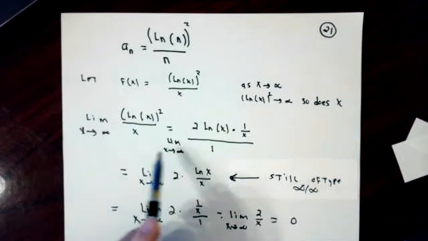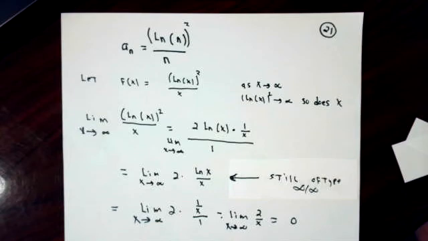When I write this limit, because it's an indeterminate form of type infinity over infinity, I can do L'Hopital's rule to it. The derivative of the square of something is 2 times the first power of the something times the derivative of the something.